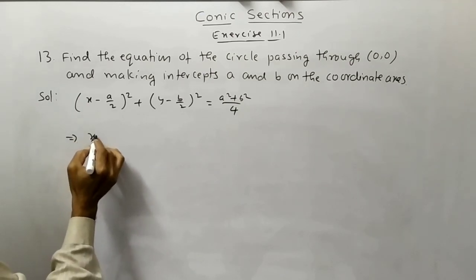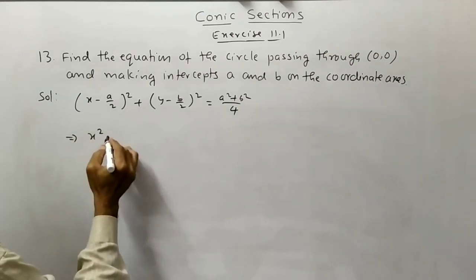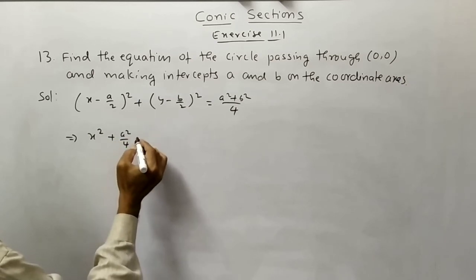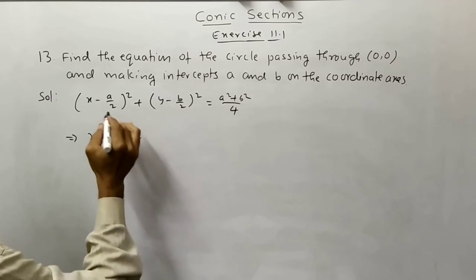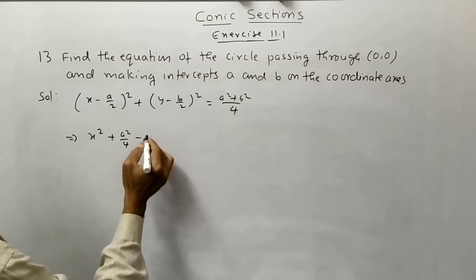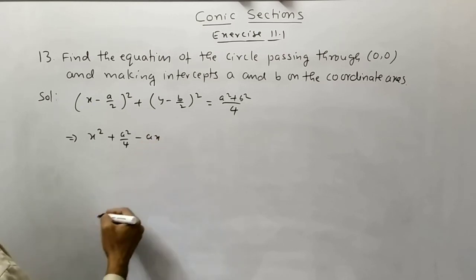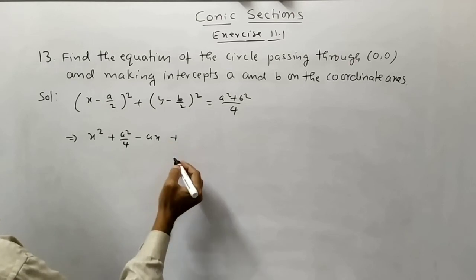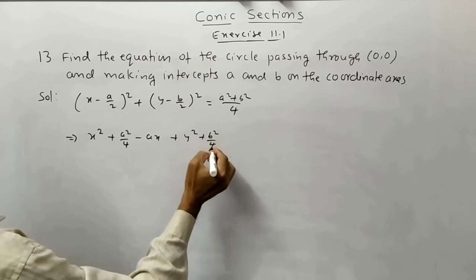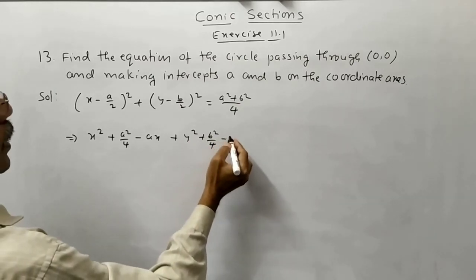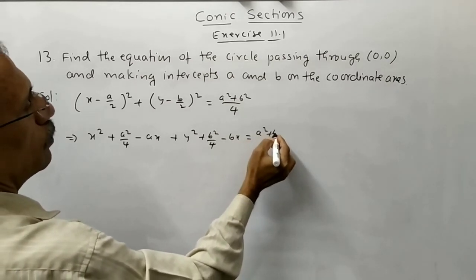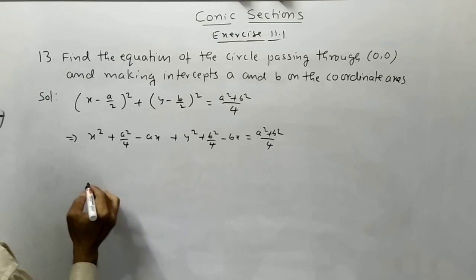This implies x square plus a square by 4 minus 2 times product of first and second term, that is ax, plus y square plus b square by 4 minus by is equal to (a square plus b square) divided by 4.